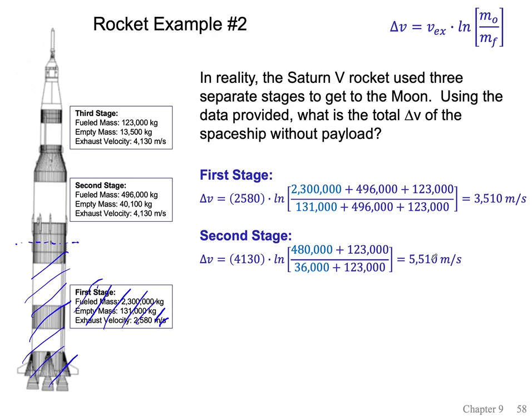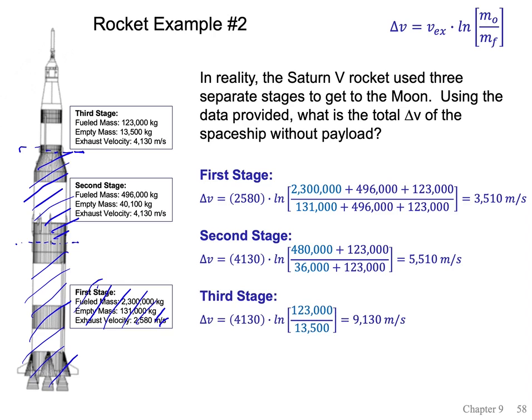Now, what happens after this stage is burned? Well, we disconnect right here and now discard this whole section, including its empty mass. And now when we burn the third stage, we get the exhaust velocity of the third stage, its full mass minus its dry mass or empty mass, gives us a delta V of this.